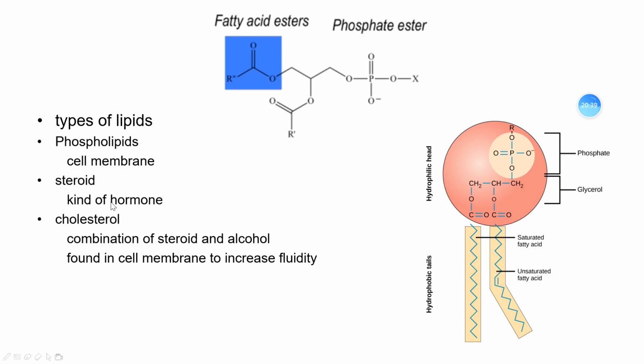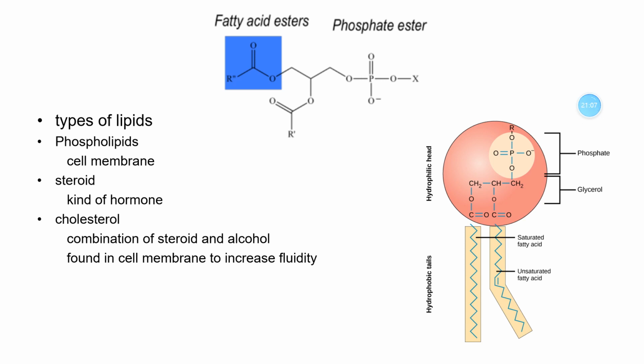In AP biology, there are three types of lipids. The first one is phospholipids. Phospholipids are found in the cell membrane, like this phospholipid bilayer. And the second one is steroid. It's a kind of hormone, and we'll talk about it later. And the third one is cholesterol.